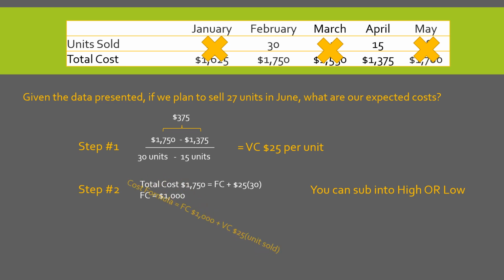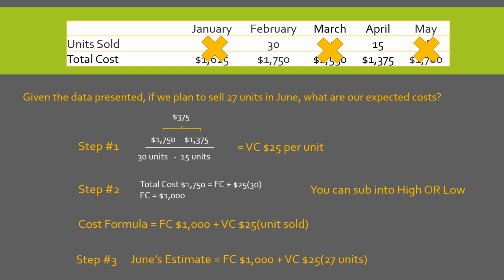Once I do that, I can come up with my cost formula. This mixed cost should equal a fixed cost of $1,000 plus $25 per unit sold. So when the question asks, what would I anticipate my cost to be in June if we sold 27 units, I'm going to substitute the 27 units into this formula.